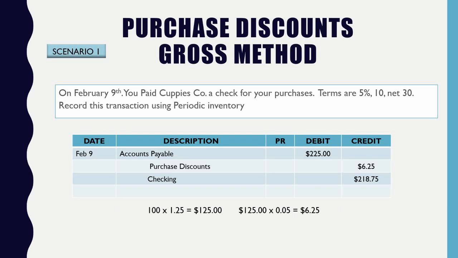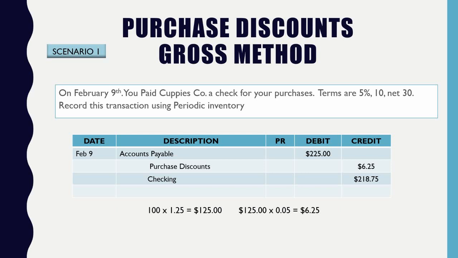Each cup was $1.25, and we purchased 100 of them, so $125 is what we can discount. We can only discount 5% of the $125, which gives you $6.25. That means you're going to pay $6.25 less and cut a check for $218, okay?